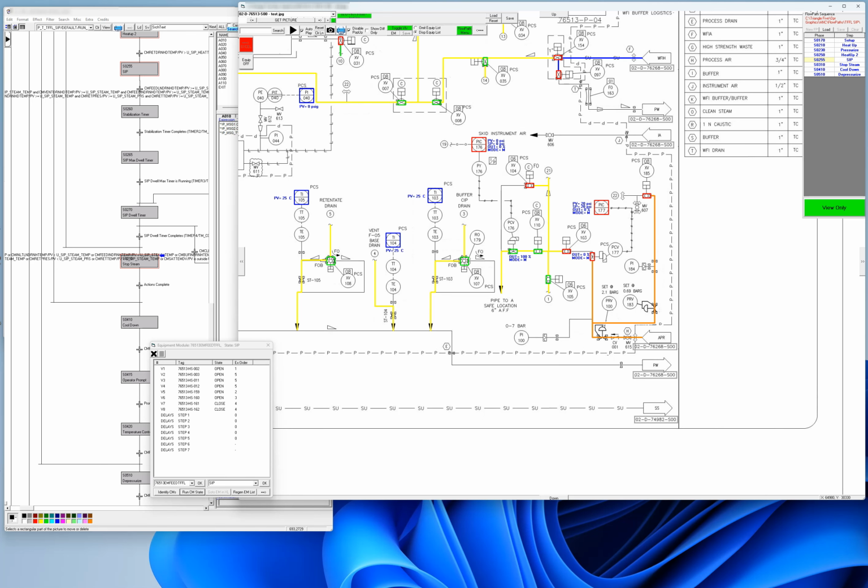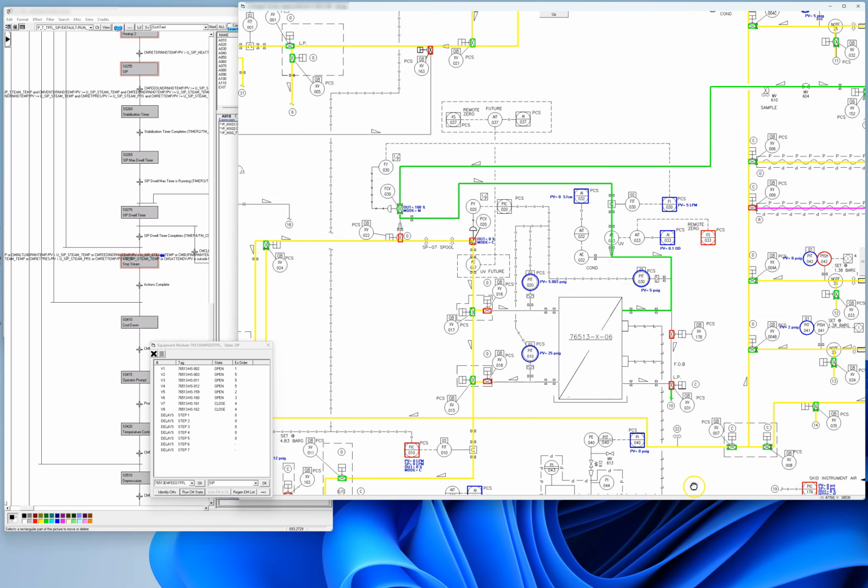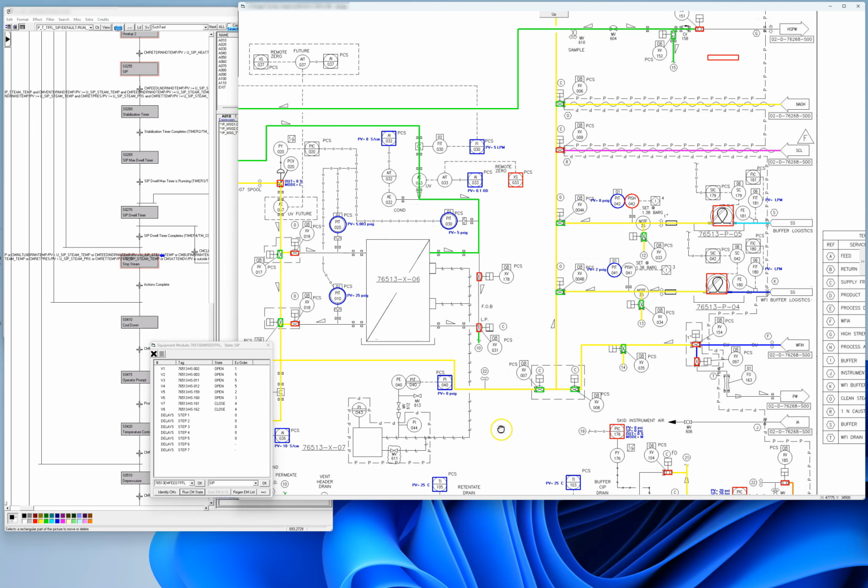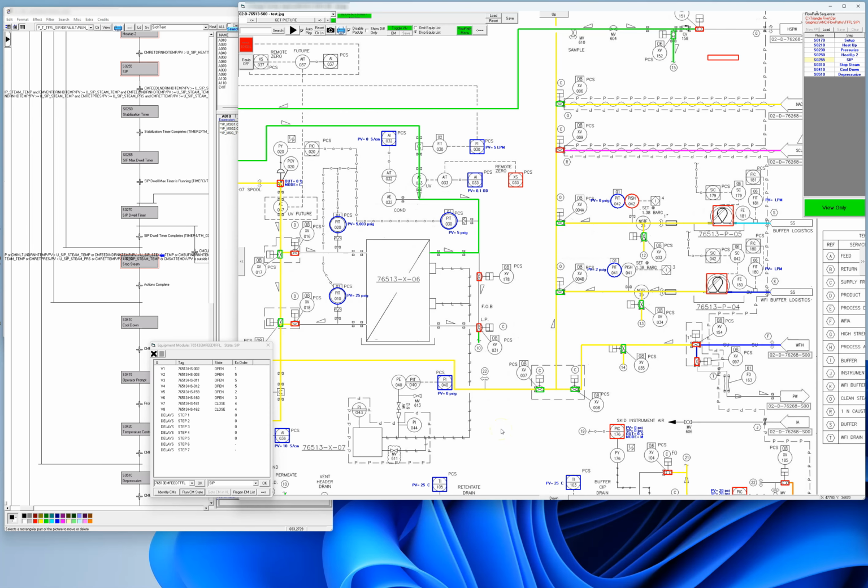And when you get a complicated system like a TFF here, trying to visualize where things are happening in the graphic without actually showing the flow path, unless you know the system very well, it is kind of difficult.